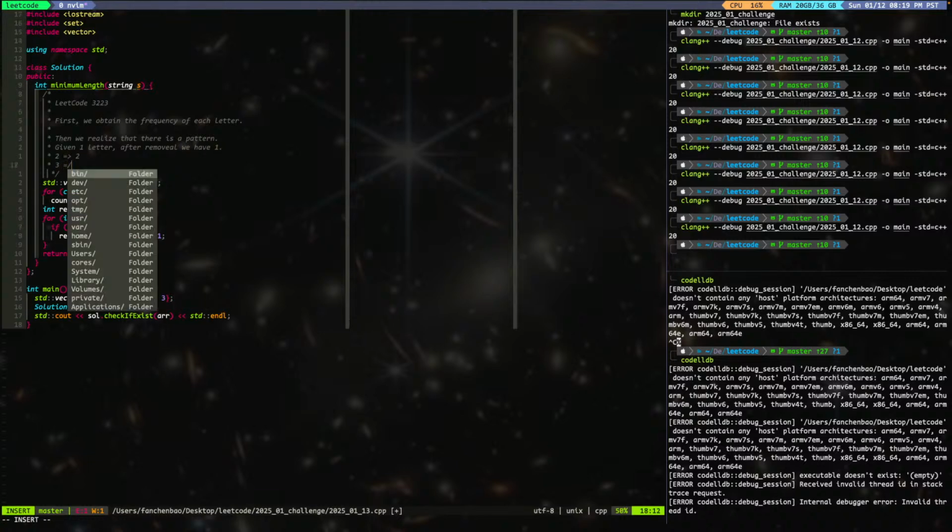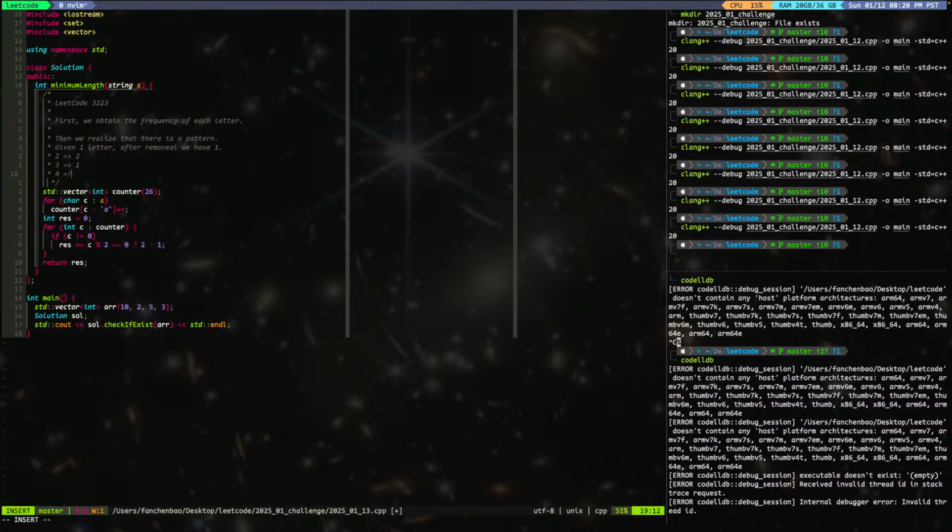For 3, we have 1. For 4, 3. We pick 1 letter and remove 2, which becomes 1.